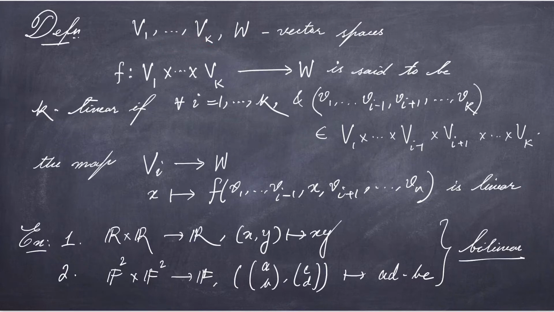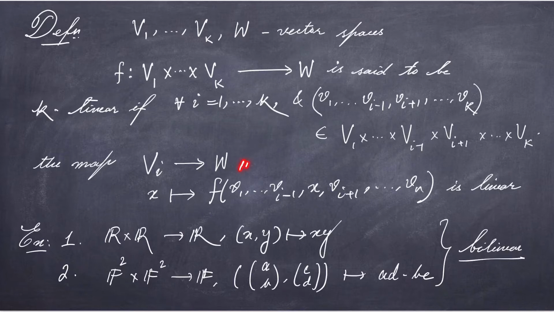K-linear means that for any i, if you freeze all variables other than the ith one, then the single variable function is linear. The formal definition goes as follows. For any i, for any v1, v2, ..., v(i-1), v(i+1), ..., vk, the map x goes to f of v1, v2, ..., v(i-1), x, v(i+1), ..., vk is linear.